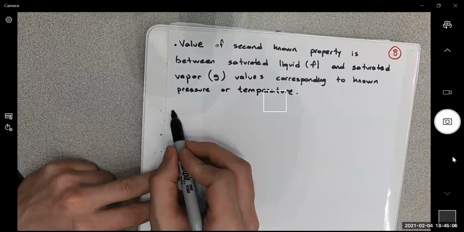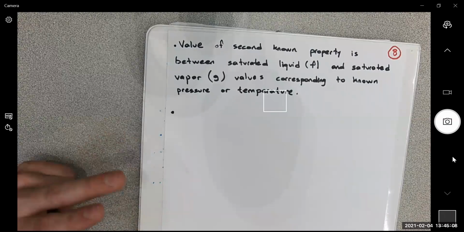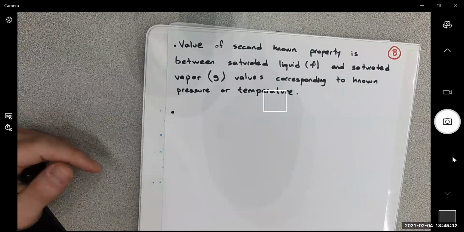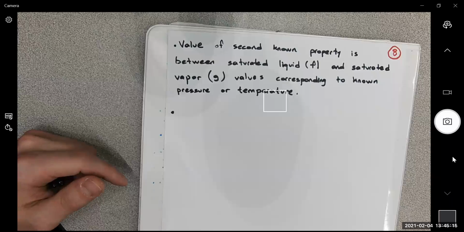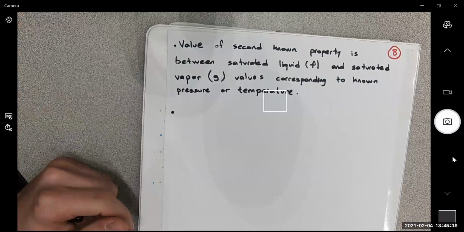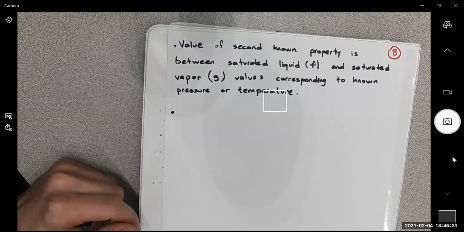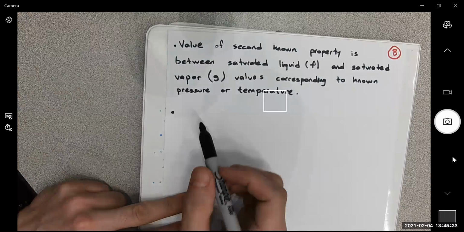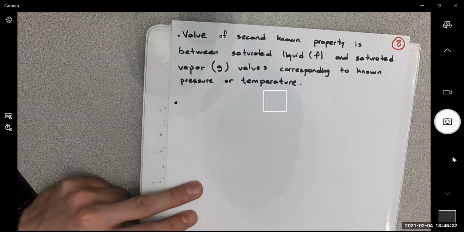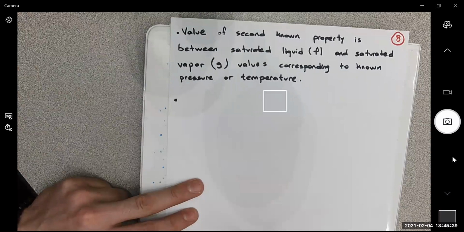Right. But where do I stand between those lines? Am I closer to saturated liquid or closer to saturated vapor? I'm between, yes, but I might be anywhere. So I need to calculate that. It depends on the location of that line on the saturation curve.